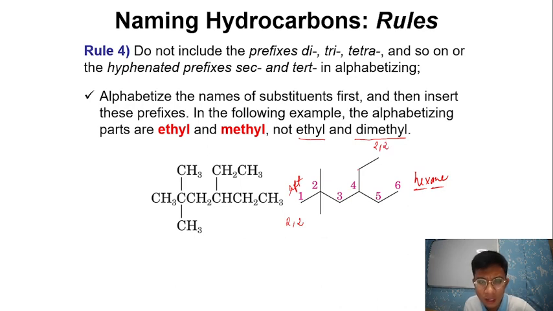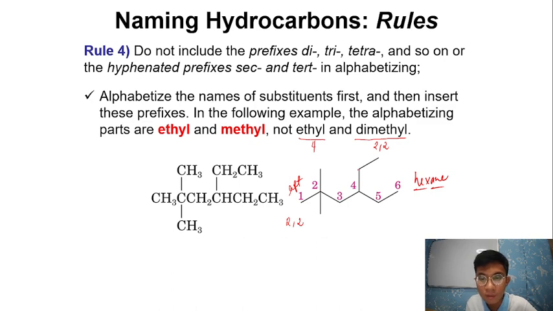And nasan yung ethyl? Nasa carbon number 4. So, ang tanong ay sino mauuna? Hindi natin gagamitin yung prefix na di. So, it's just you need to decide whether it's ethyl or methyl. So, of course, E, una yan sa alphabet, then M. So, mauna si ethyl, then followed by methyl. So, paano natin siya papangalanan ngayon?